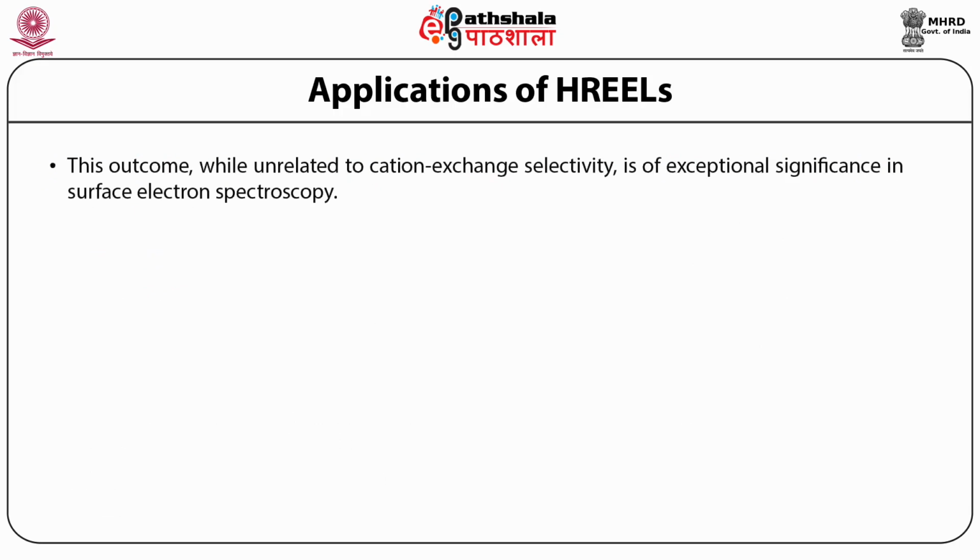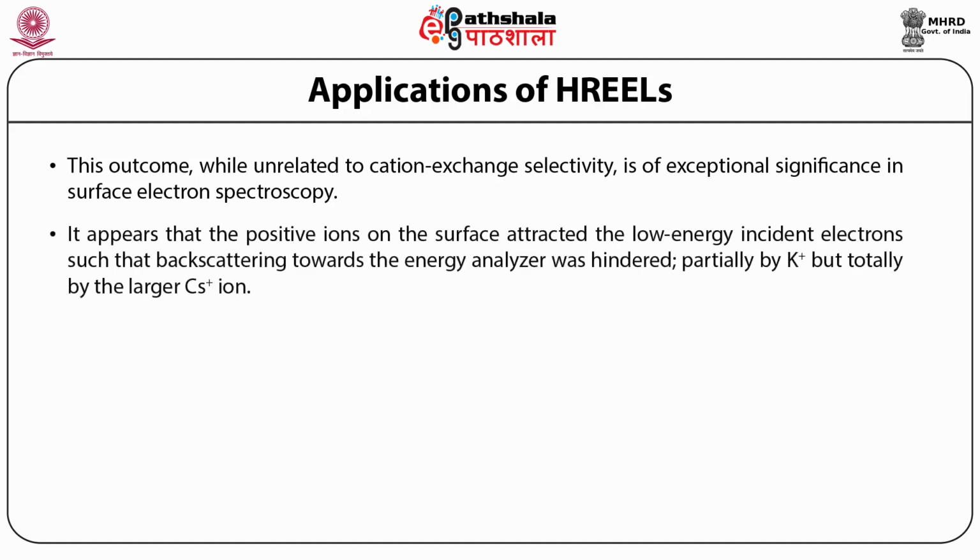This outcome, while unrelated to cation exchange selectivity, is of exceptional significance in surface electron spectroscopy. It appears that the positive ions on the surface attracted the low energy incident electrons such that backscattering toward the energy analyzer was hindered, partially by potassium ion but totally by the large cesium ion.